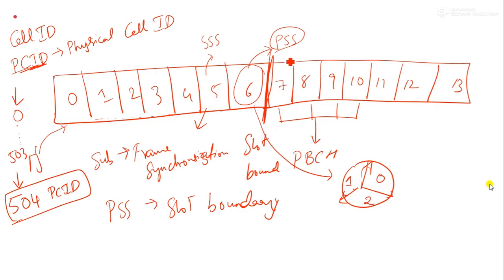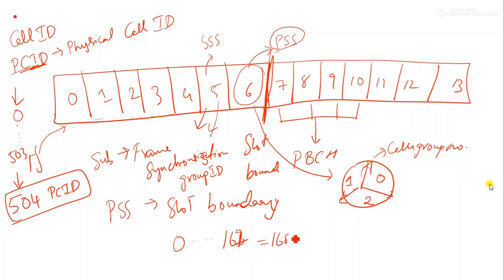So while decoding PSS, you will get the sector ID first, or we call it the cell group number. The SSS will have something called the group ID. Group ID will be from 0 to 167. That is totally 168. Now you do the multiplication. 168 into 3, it will be 504 PCI.